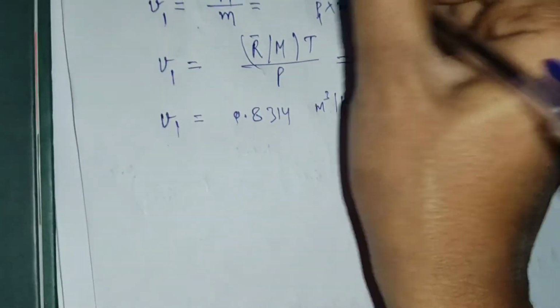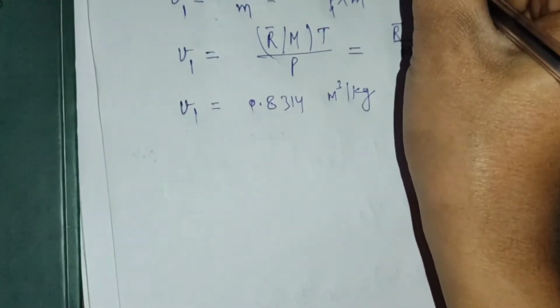Here swept volume will be equal to v1 minus v2.